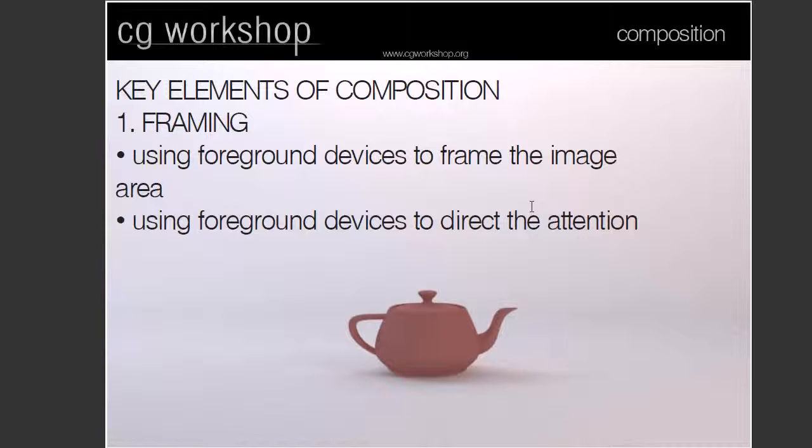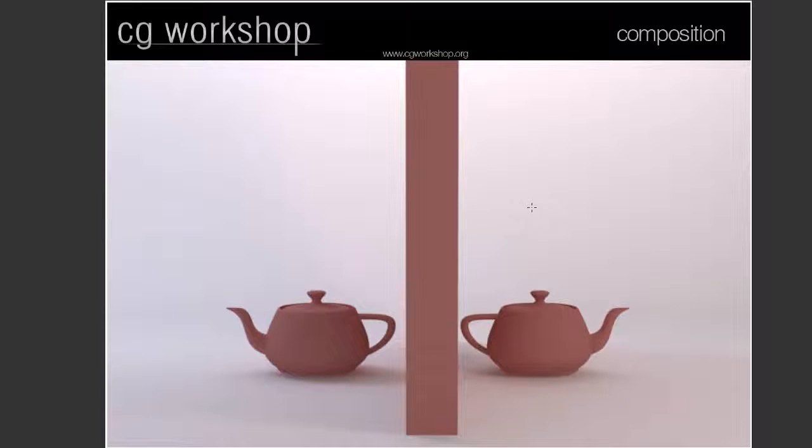It's using some foreground elements or devices to frame the image area. This will give us more control over the whole composition, so we can focus the viewer's attention on a specific point in the picture, and that's very important for the photographer or a CG artist, especially in architecture.